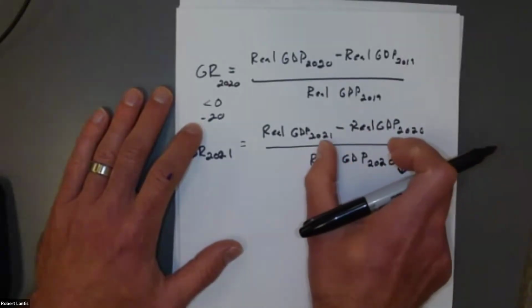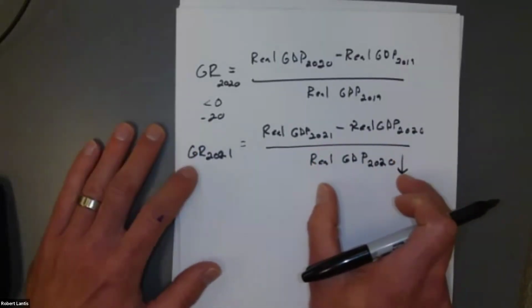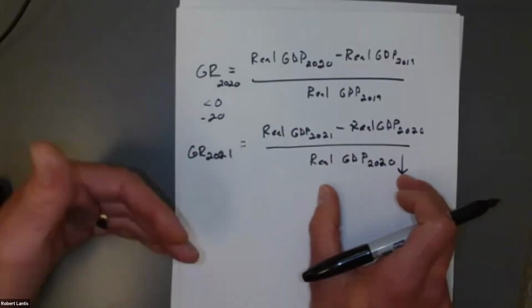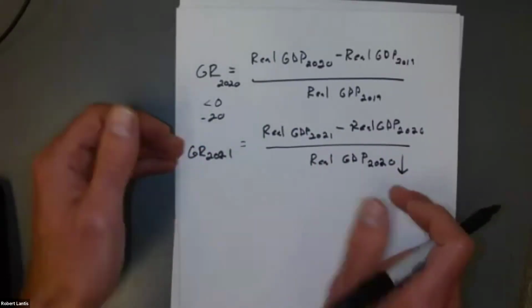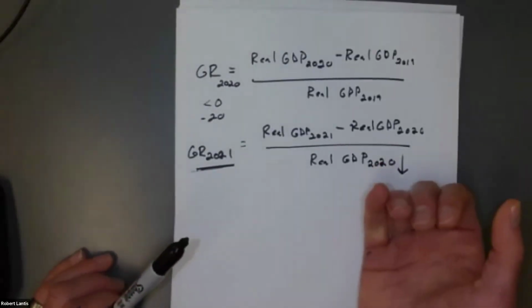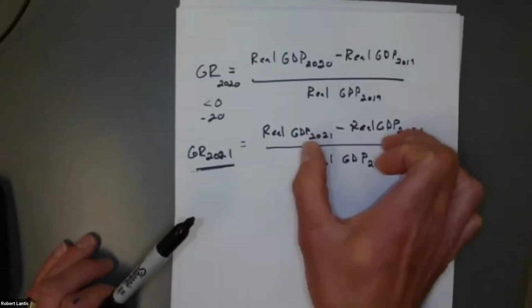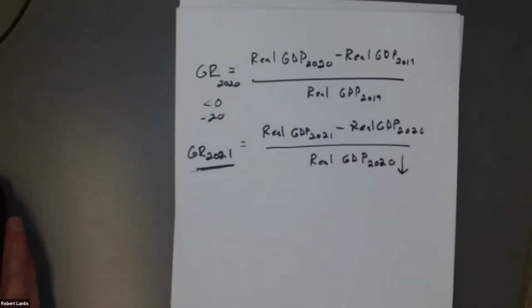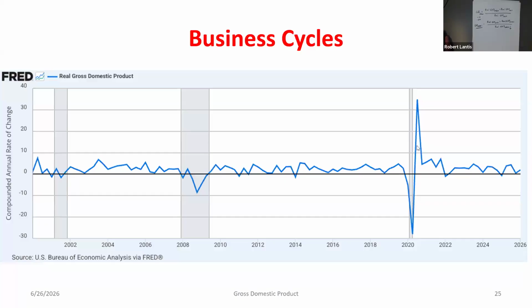So even seeing the same change from 2020 to 21, because that base year's GDP was significantly lower because of that recession, every time we look at a year right after a recession, we're going to see a relatively large growth rate because it decreased this denominator, meaning the same change in real GDP is now going to cause even larger growth rates. So when we're looking at this graph, that's why when we have extreme recessions, they're generally followed by extreme growth.